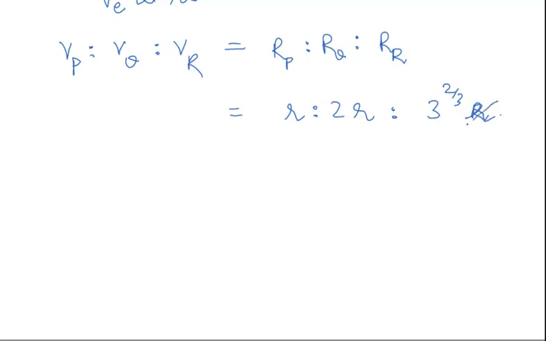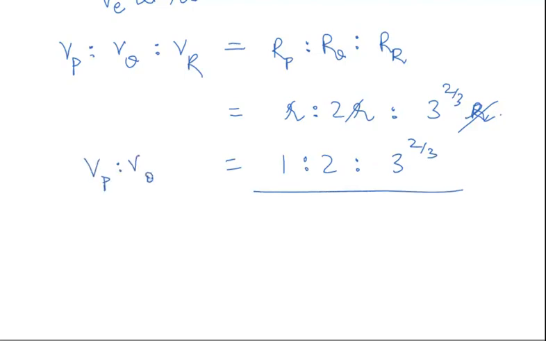Okay, so the r will cancel out, so the ratio is 1 is to 2 is to 3 to the power 2 by 3. Okay, so this is the ratio.